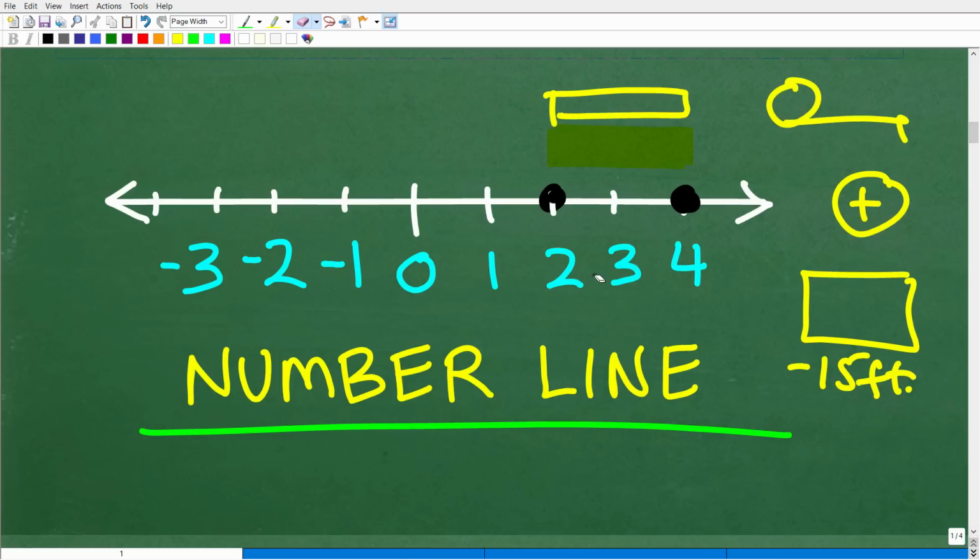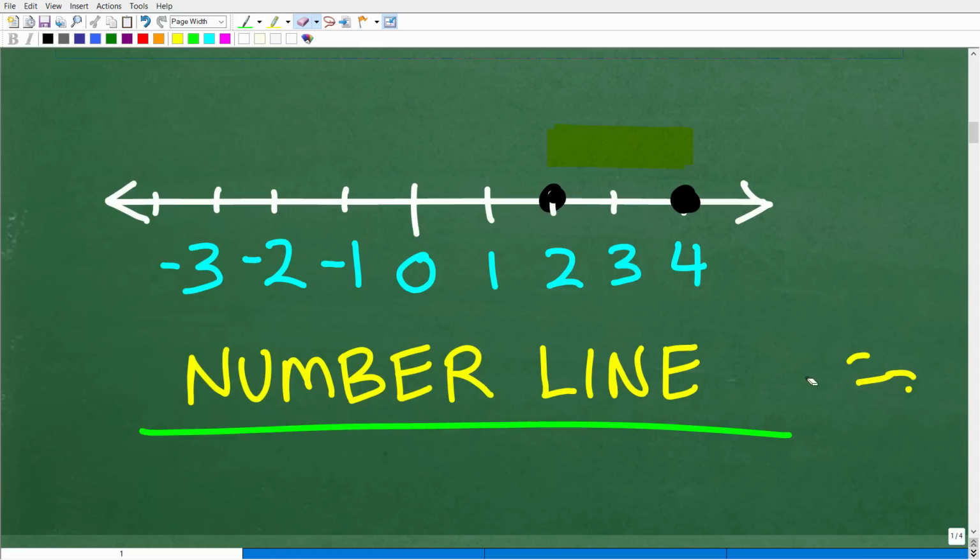So what is the distance between 2 and 4? Well, most of you out there are saying, hey, Mr. YouTube Math Man, this is a very simple problem. That is 2, and you would be correct. But how can we figure this out? Okay, so you might be saying, well, this is super easy. All we have to do is subtract 2 and 4. So maybe we're going to go 2 minus 4, right?